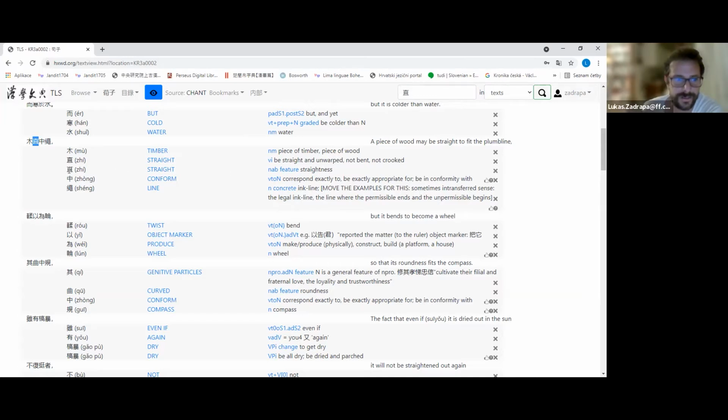So the second possibility is here the nominalization, which is something different from that of studying. Here we have this nominalization of an adjective, which denotes the property itself as an abstract entity, so it's straightness.